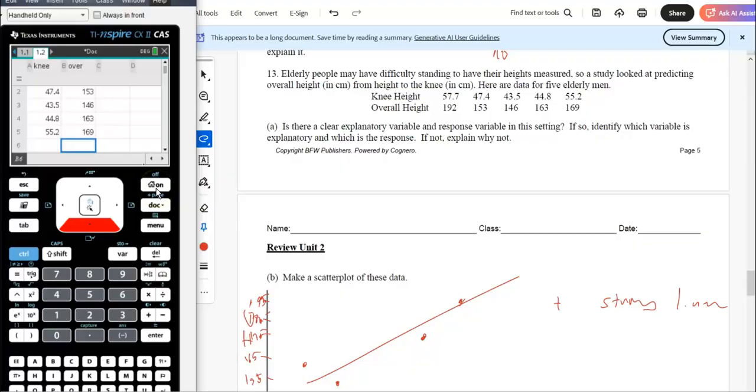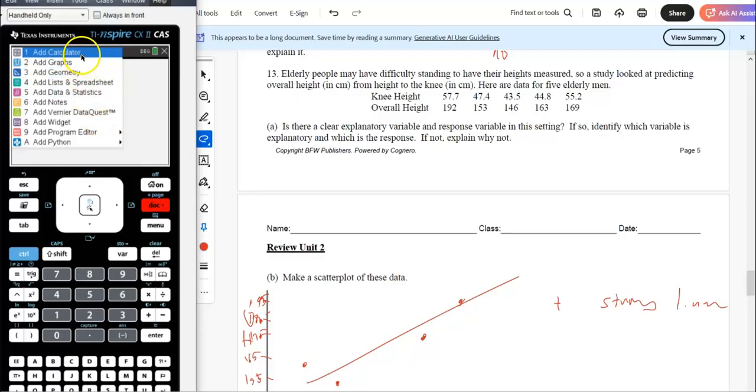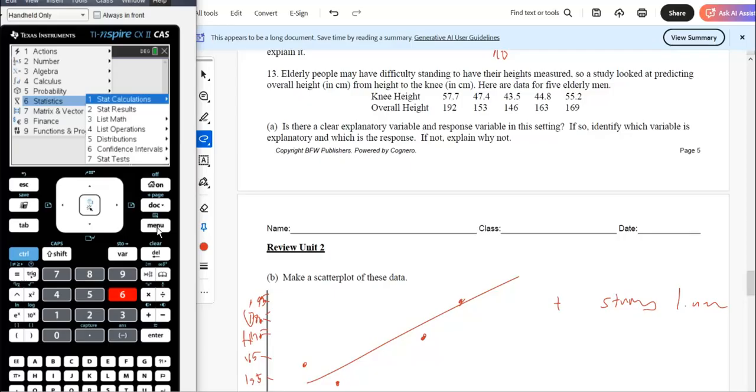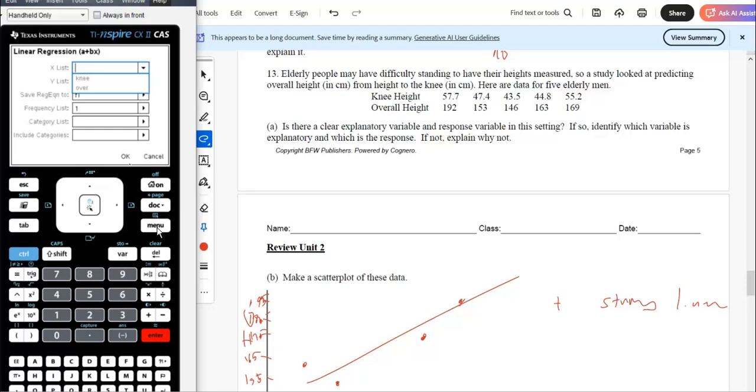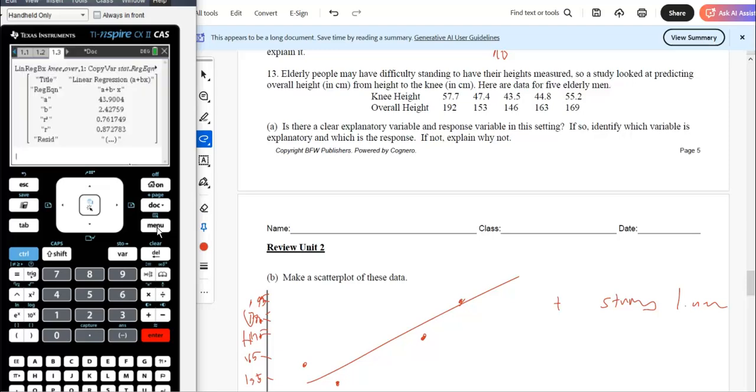So you could do this on a calculator page. I'll just try that. Menu, 6, gotta be 1, 4. So what was the question?